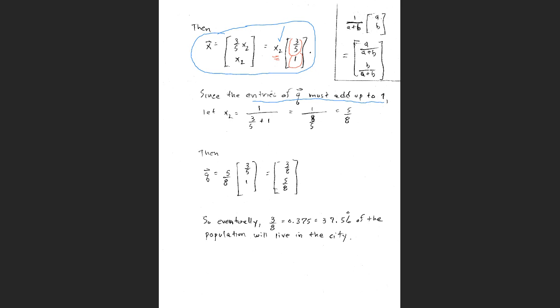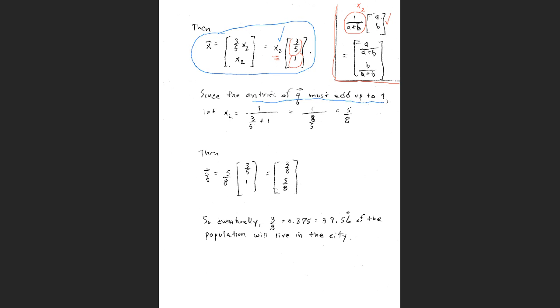So what I did here on the right, in the corner, is a little something to show you the method. If you have a vector with entries a and b, you want to pick your x2, so you multiply that vector by some x2.